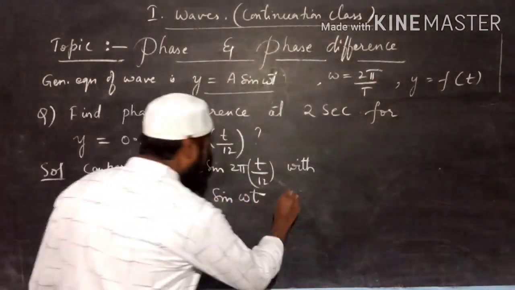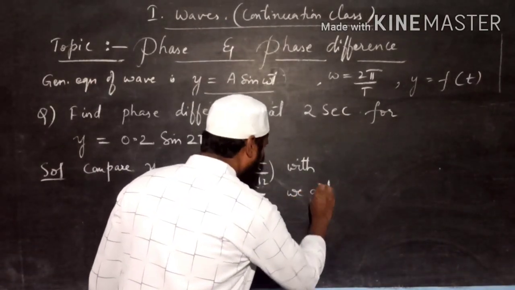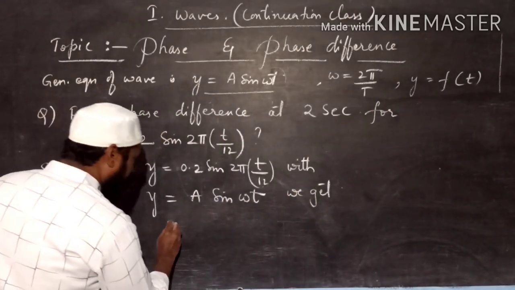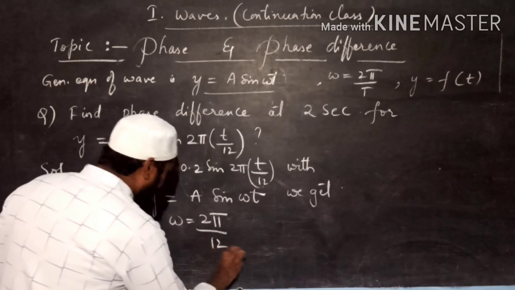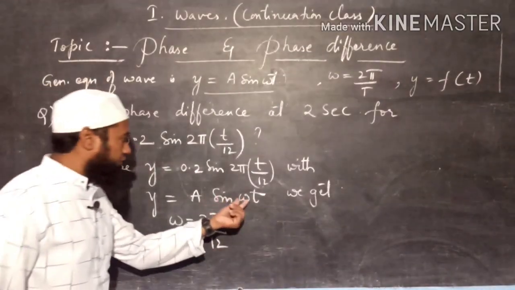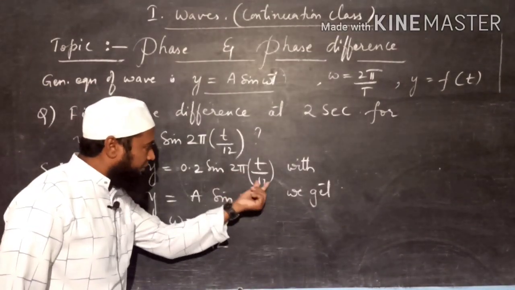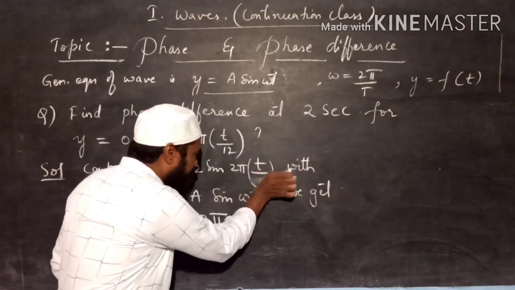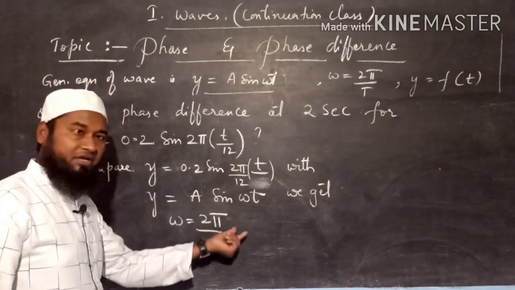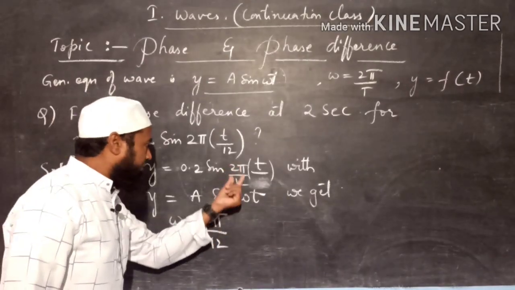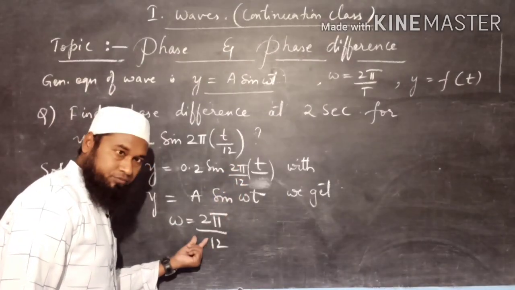What will we get? Omega is equal to 2 pi by 12. Because you know in place of omega what you have here is 2 pi by 12. You can see directly in comparison, so 2 pi by 12 is the omega value.